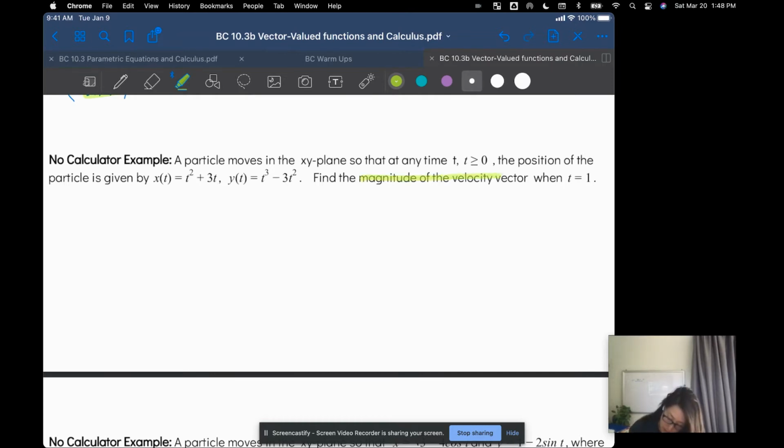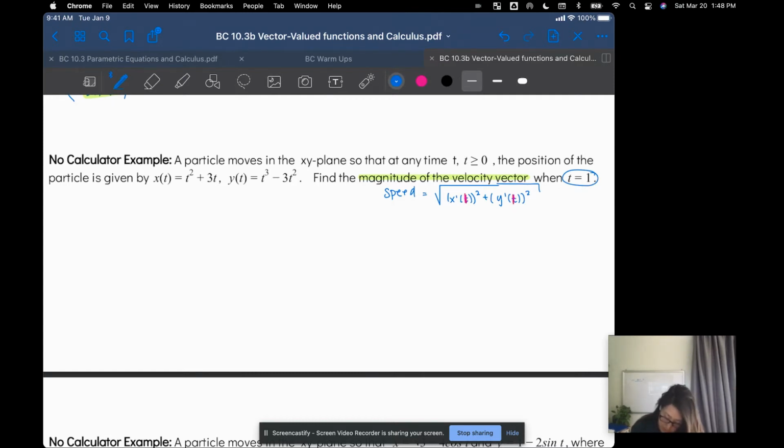The magnitude of the velocity vector means speed, and we find speed by taking the square root of x prime of t squared plus y prime of t squared. Since we're evaluating this at time equal to 1, we're going to substitute 1 in for t here.